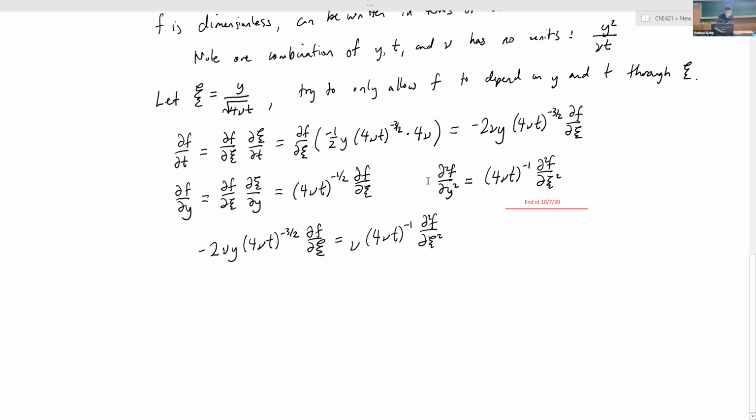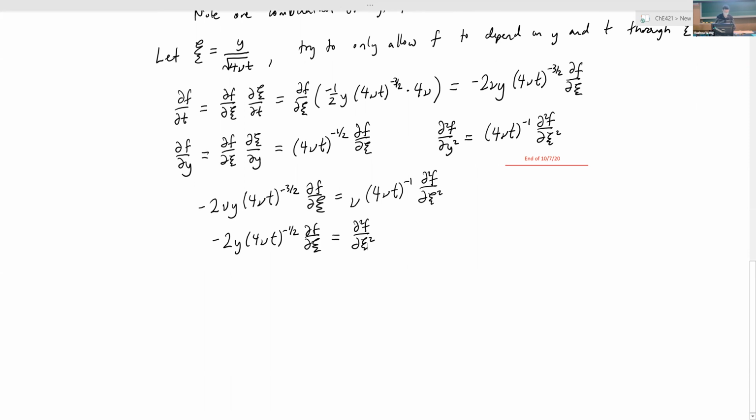On the left-hand side, I now have -2y(4νt)^(-1/2), and then the right-hand side is actually just this. If you look carefully, you realize that y(4νt)^(-1/2) is just my ξ variable here. So I end up with an equation that looks like this.